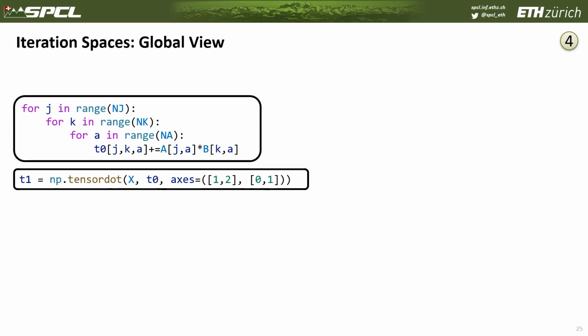Now let's see how we can use the information that we get from SOAP in order to actually distribute our program. For every group of operations, we are going to create a Cartesian process grid that is going to have as many dimensions as the iteration variables that are used by the group of operations.